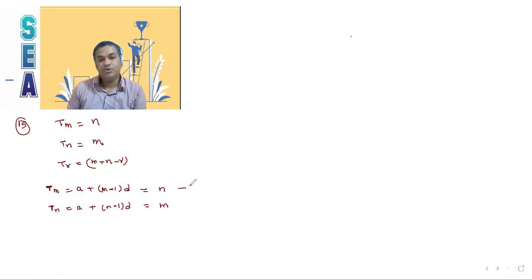So if we name this equation 1 and this equation 2, then our equations will be: a plus m minus 1 into d is equal to n, and a plus n minus 1 into d is equal to m.